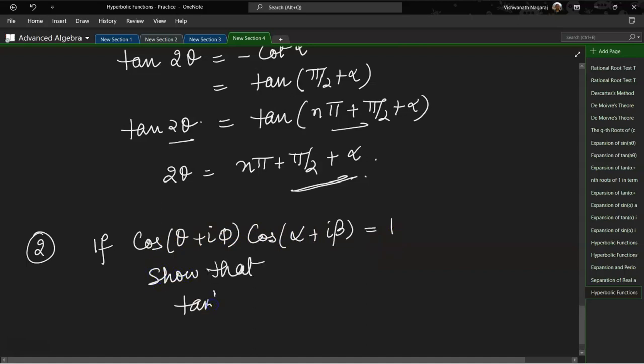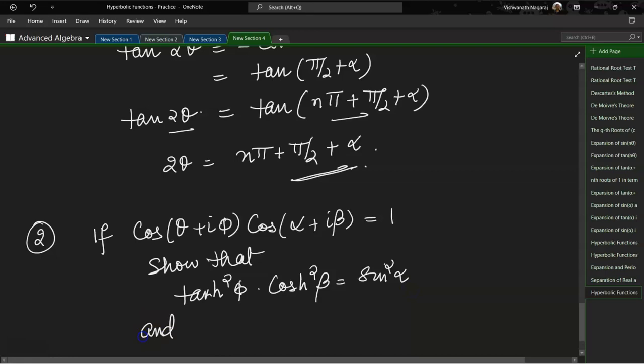Show that hyperbolic tan square phi times hyperbolic cos square beta is equal to sine square alpha. And remember, phi is this, beta is this. So we have taken the hyperbolic tan of one and the hyperbolic cos of the other, and we have multiplied to get sine square alpha.